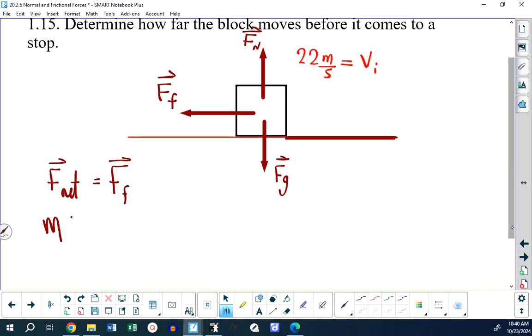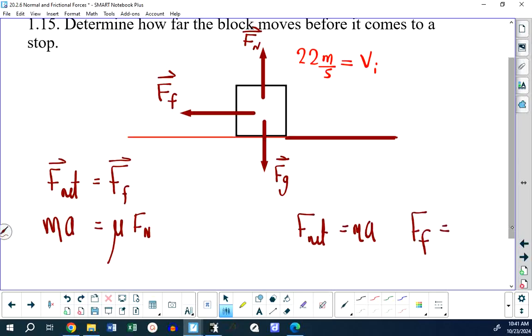On our formula sheet, and this is what I've been talking about for 6 weeks now, how we build formulas in high school physics. On your formula sheet, F net can be found using ma. Force of friction can be found using mu Fn. Correct? This is actually a formula on your formula sheet, and this is a formula on your formula sheet.